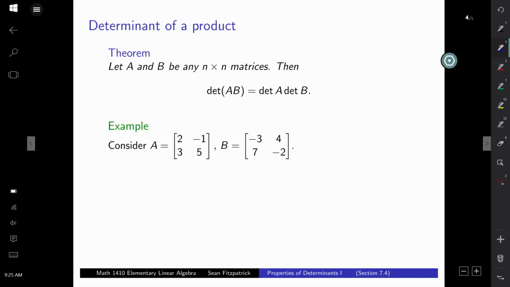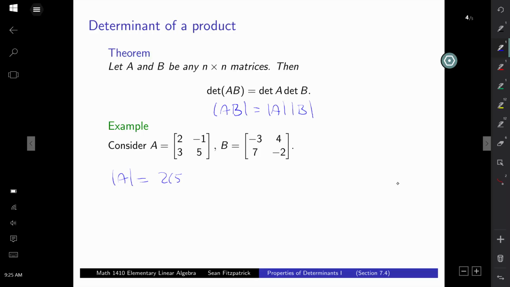So we want to work out that the determinant of A times B, or written in terms of the vertical bars, determinant AB, is determinant of A times determinant of B, okay? We're going to prove this using elementary matrices, but just to give us a warm-up, one example to see that, of course, one example does not prove the result in general, but it gives us some evidence that things might be true.